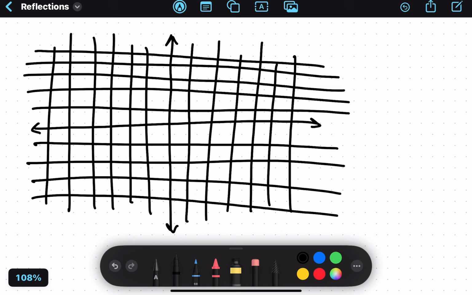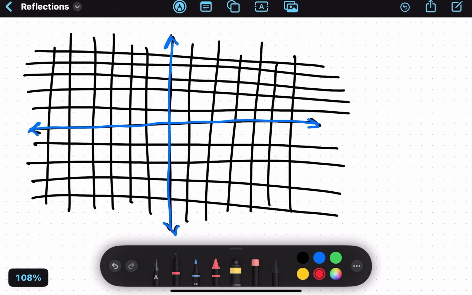And now it's kind of hard to find my axes. So what I'm going to do is make those blue. Okay, perfect. Now, I'm going to go back to the triangle example that I showed before.